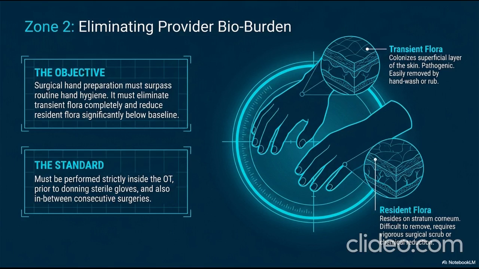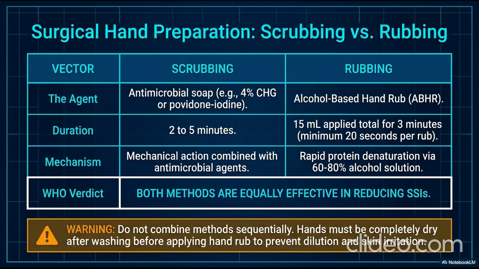Scrubbing relies on mechanical action combined with antimicrobial agents, while ABHR utilizes rapid protein denaturation via 60 to 80% alcohol solutions. According to the WHO, both methods are equally effective at reducing SSIs, provided that methods are not combined sequentially. Hands must be completely dry before applying a rub to prevent dilution and skin irritation.